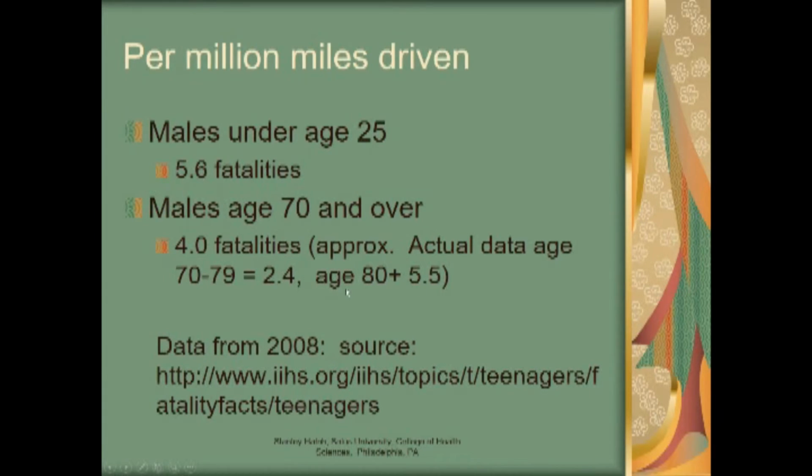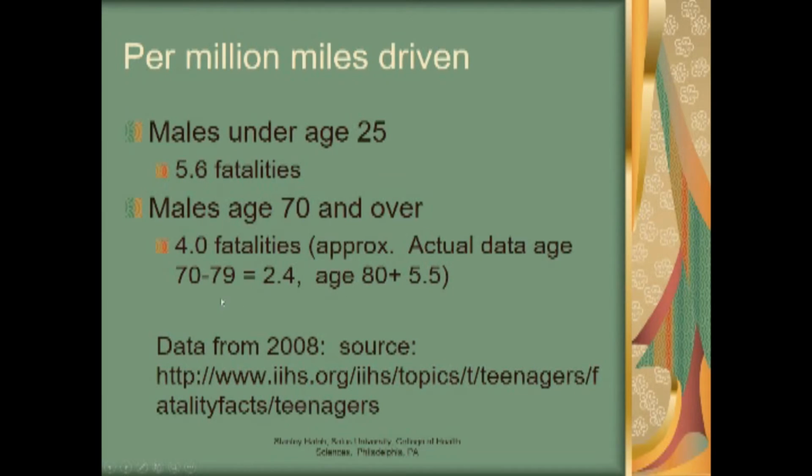But the one to point out here is that once you're over age 80, it's actually about the same. And you can see that big change between age 70 to 79 at 2.4 fatalities per million miles driven compared to age 80 and over at 5.5 per million miles driven.